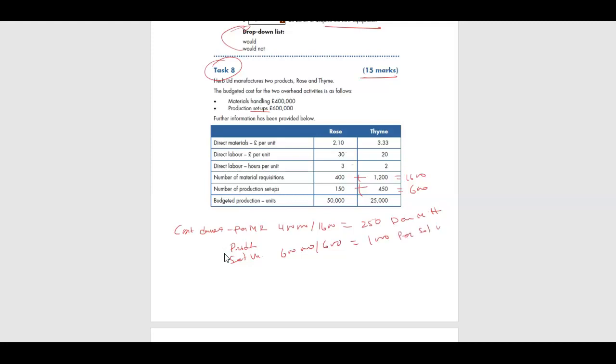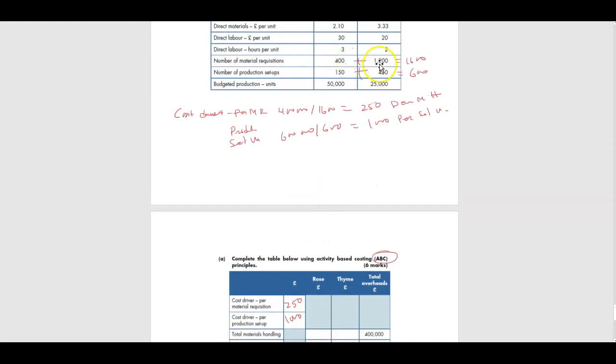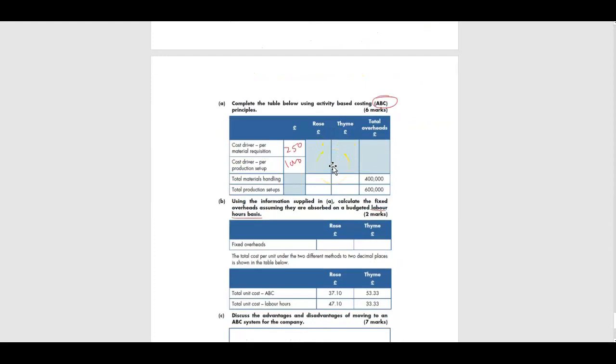Alright, so now we can calculate the total cost for the boxes. We have here 250 per requisition, which we have calculated already. Let's see how many we need for Rose and Theme. For Rose we need 400 and for Theme 1200. So 250 times 400 gives you the total for Rose, 100,000. And for Theme, 1200 times 250 gives you 300,000, and the total is 600,000. We do the same for the production setup.